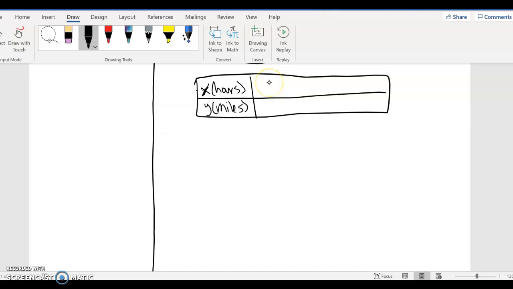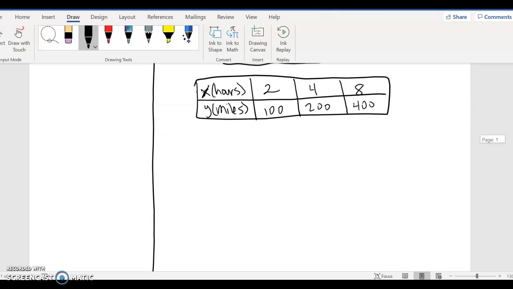So we know that in 2 hours we traveled 100 miles. So in 4 hours we would have traveled 200 miles. And in 8 hours we would have traveled 400 miles.